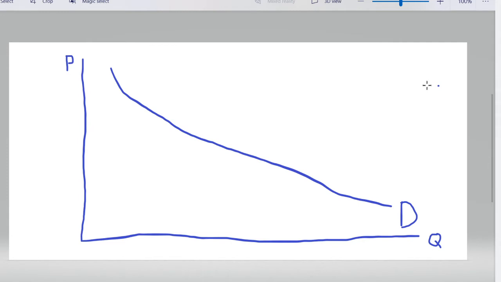But the number of buyers in a market is going to determine the demand for a good, their income, their tastes or preferences. Those are three things: number of buyers, their income, their tastes or preferences, and then the price of related goods. And there's two types of related goods. There are complements that we consume together, like tires on an automobile, pizza and beer.